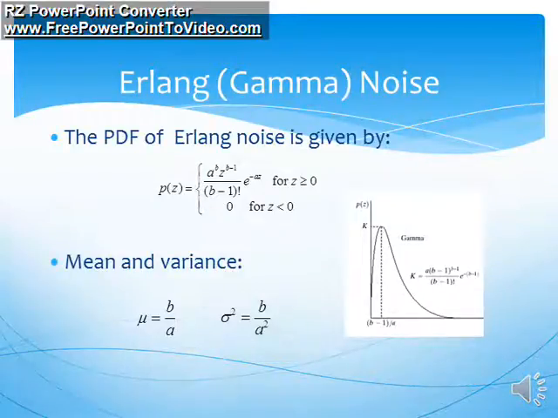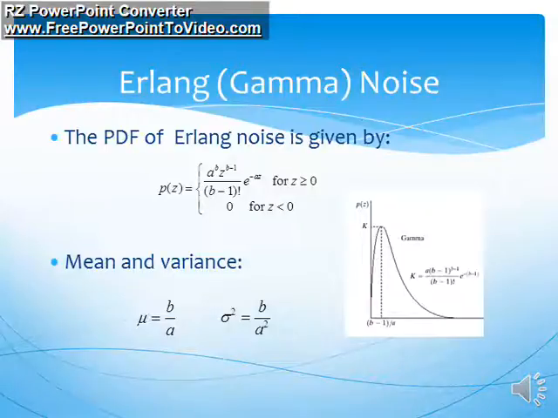The next one is known as Erlang noise, which is also known as gamma noise. Here also the probability density function, mean, variance, and the plot has been given. So if we go for the equations, the probability density function for Erlang noise is given by p(z) equals a to the power b z to the power b minus 1 divided by (b minus 1)! e to the power minus az for z greater than or equal to 0, and the value should be equal to 0 for z less than 0.